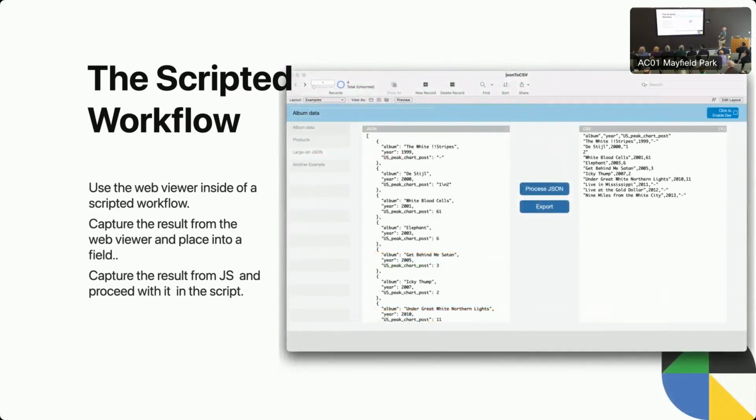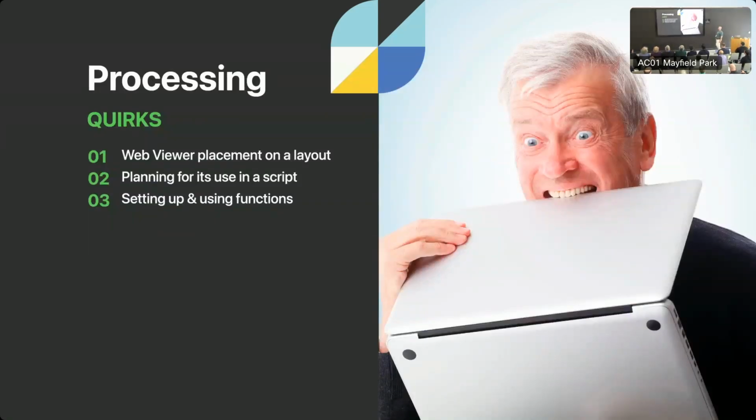So this is what it looks like at the end. Hit the button, the processing window pops up, and suddenly the CSV shows up there. That's a nice scripted workflow to work with this.